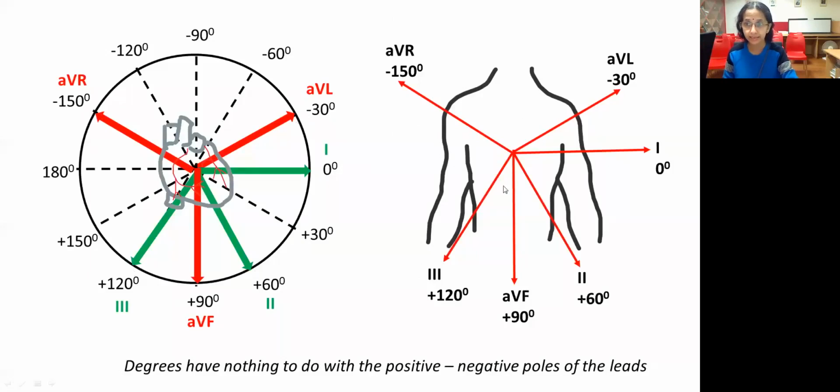Here we can understand that the denotation starts from 0 to 180 degrees positive and then 0 to 180 degrees negative in the superior aspect. So lead 1 is positive here and lead 1 is negative here. Similarly, AVR is positive at -150 and it's negative at plus 30. So this is how the nomenclature is divided.